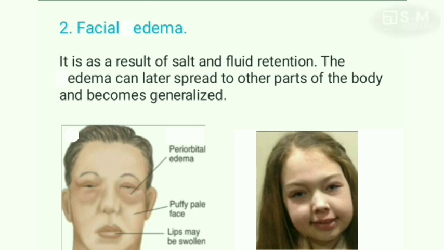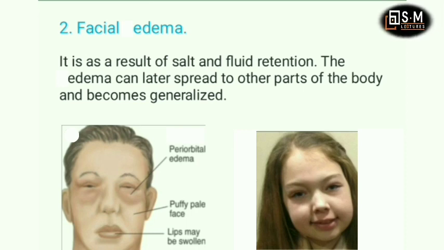The flow of this water will continue until the level of water is high. So there is accumulation of fluid in that extracellular space. This accumulation of fluid, that is retention of salt and fluid, will now cause edema.